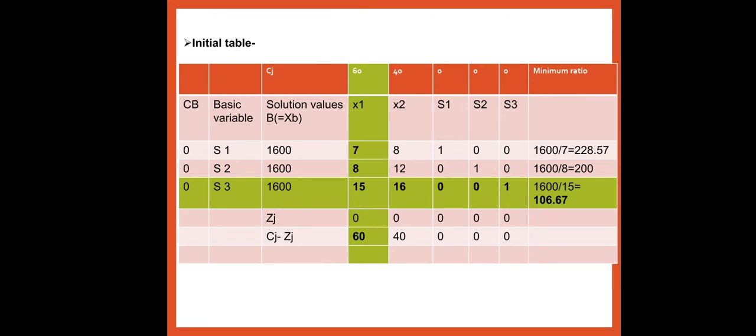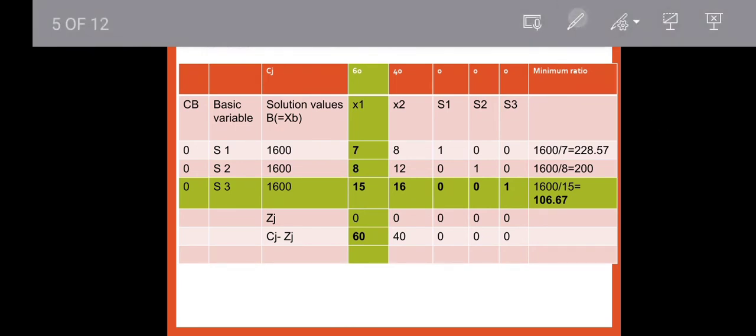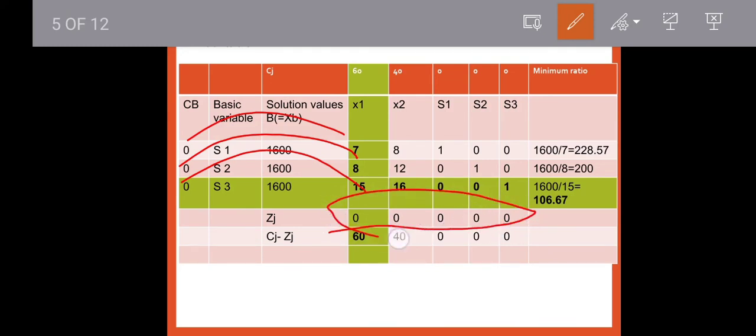Now we need to find the zj value. How to calculate zj: 0 into 7, then 0 into 8, 0 into 15. In the same way, if we calculate this, we get 0. So every row will be zeros only.